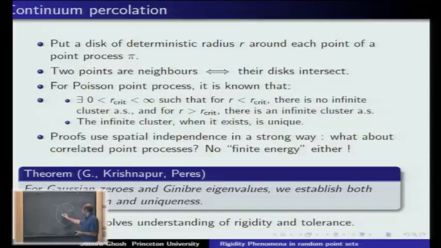So we can move these points, without introducing any other points, and join up the 2 infinite clusters. And this can be made rigorous, although there is some work involved in doing that. A similar approach also works for the Gaussian zero process.